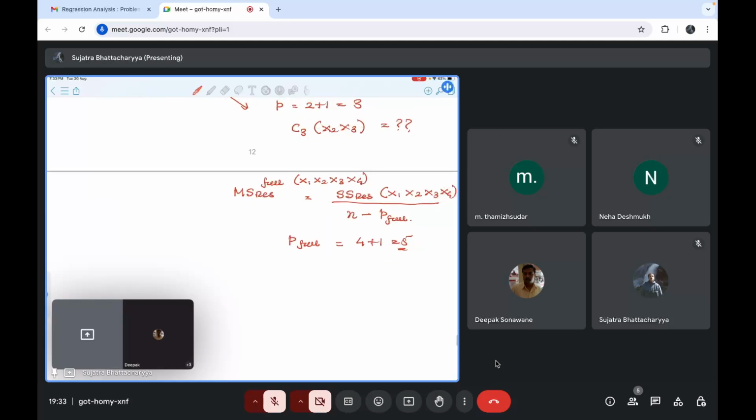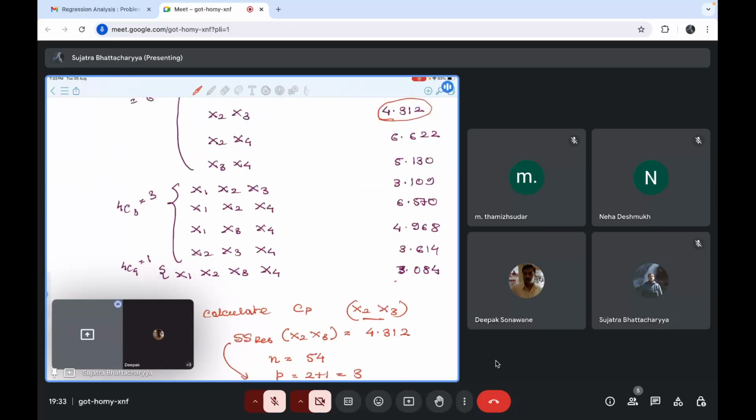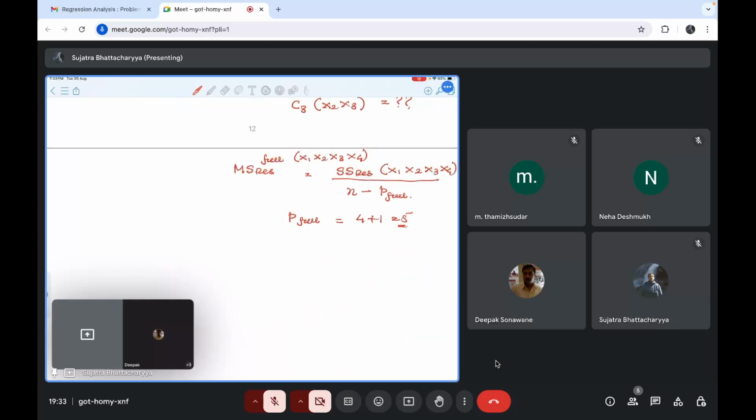Done. So SS residual of the full model is 3.084. So MS residual for the full model is 3.084 divided by n, which is 54, minus p full, which is 5. Comes out to be about 0.0629. So MS residual for the full model we have calculated.